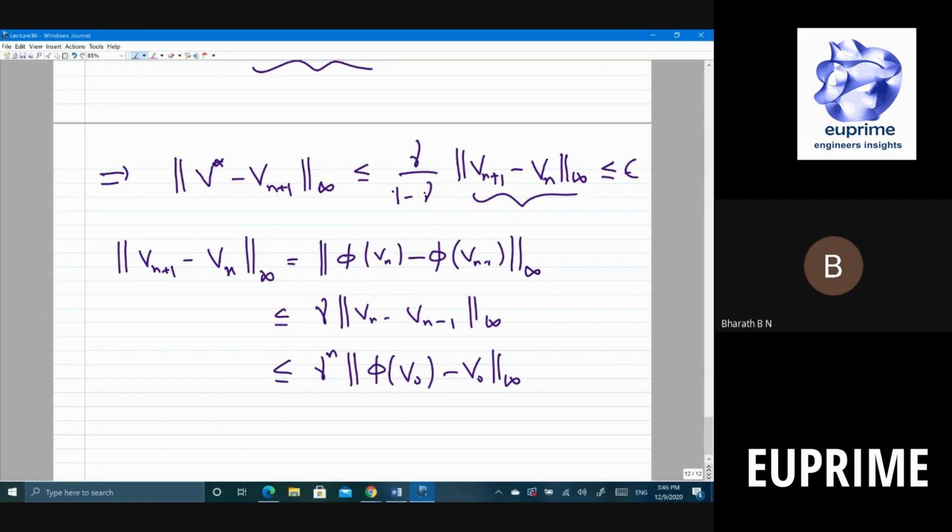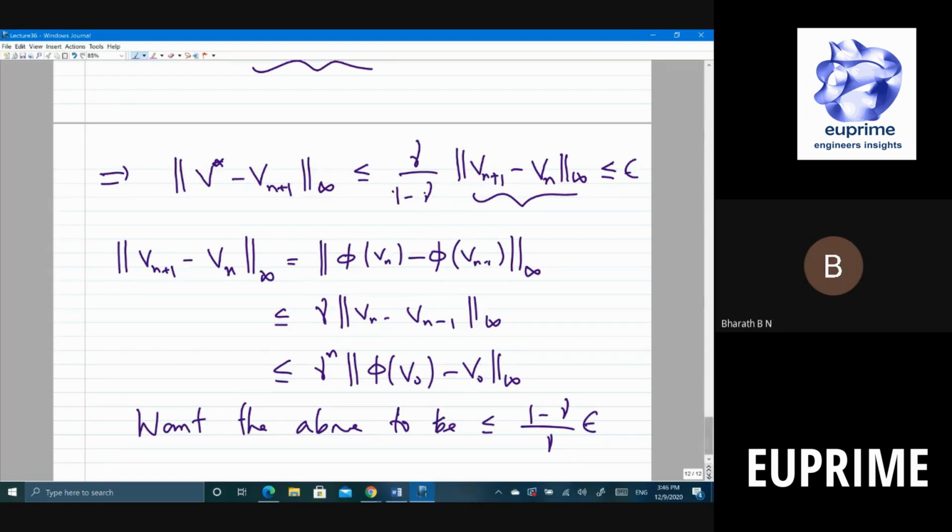So now I want this to be less than or equal to epsilon. I want the above to be less than or equal to (1 minus nu) over nu times epsilon. Do you agree? Is that fine?